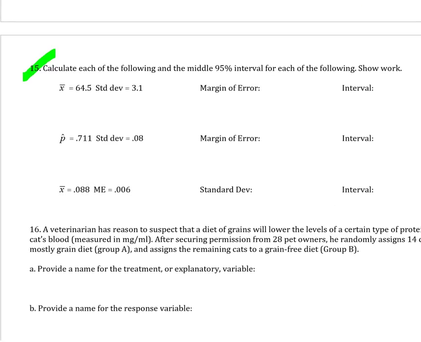All right, calculate each of the following and the middle 95% for each of the following. So I give you a sample mean of 64.5 and a standard deviation of 3.1. If I want the margin of error, that's just 2 times the standard deviation. So I do 2 times 3.1, which is 6.2.